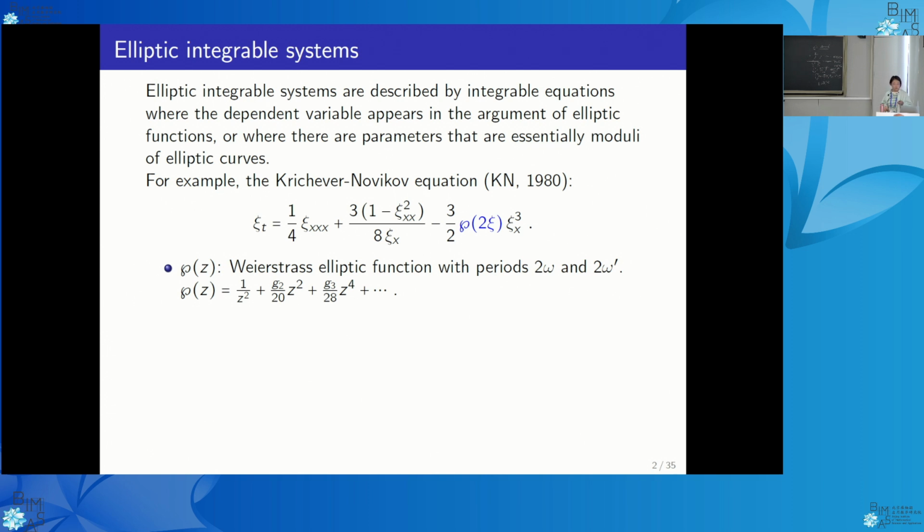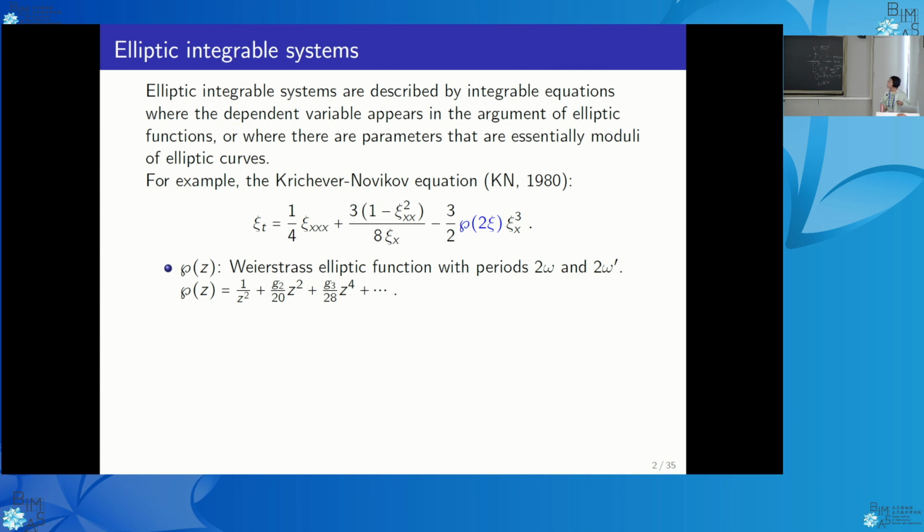And we can also prove it has two periods, 2 omega and 2 omega prime. Here, the coefficients g2 and g3 are constants, which are determined by the periods.